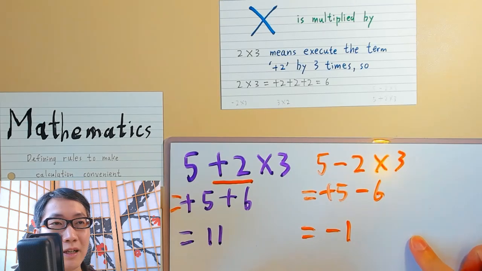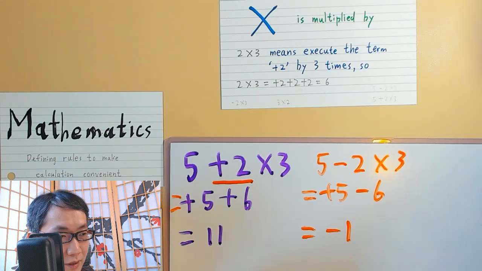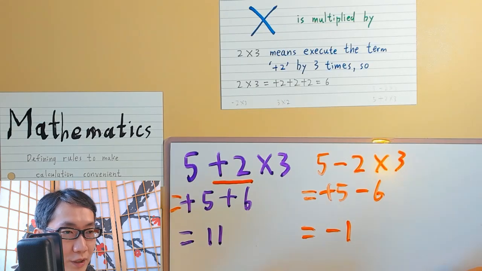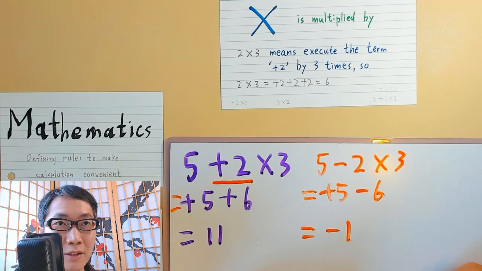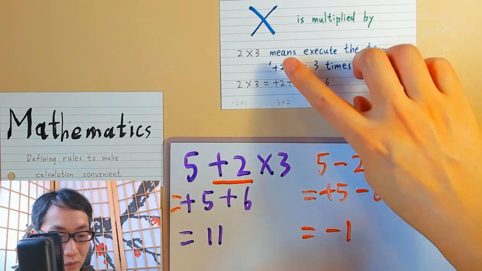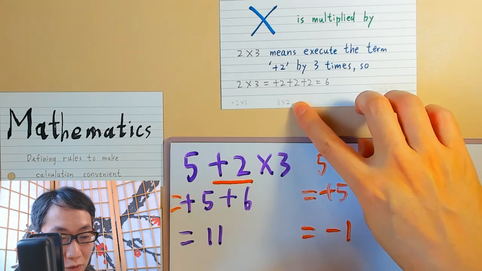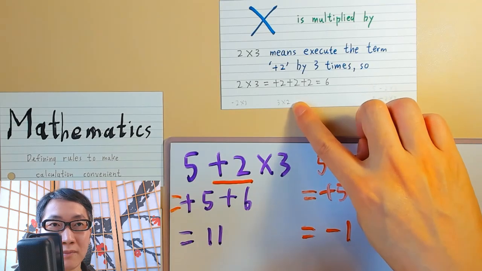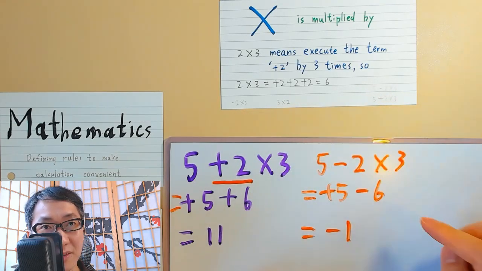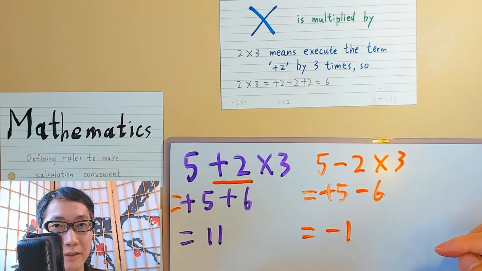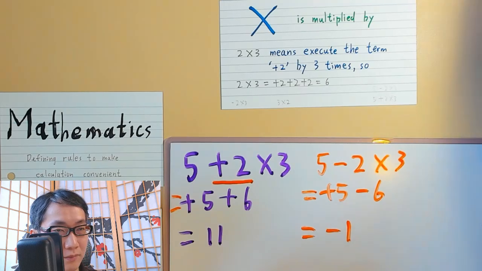Another property of multiplication is that the order of doing the multiplication doesn't matter. So previously we did 2 times 3 is positive 6. We also did 3 times 2 is also positive 6. So this is also true for other numbers. Let's say 2 times 4 is also equal to 4 times 2.